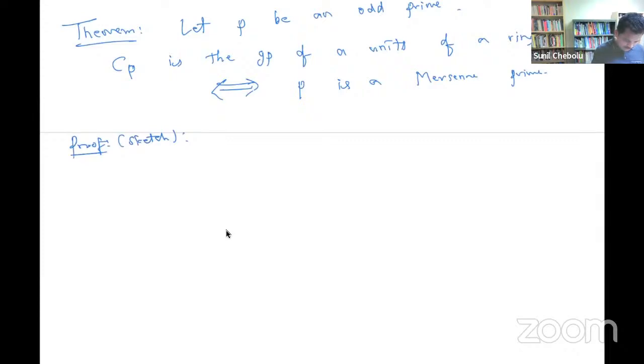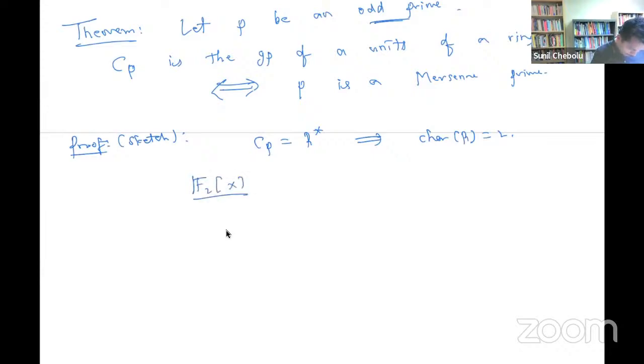Again, like I said earlier, P is an odd prime, so CP is an odd group. So this tells you that if CP is R star, then the characteristic of R again has to be 2, by the same reasoning I told you earlier.